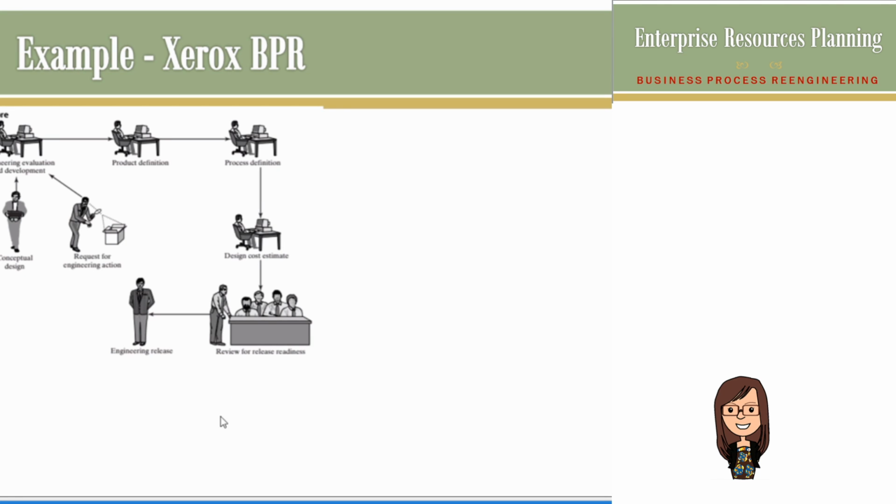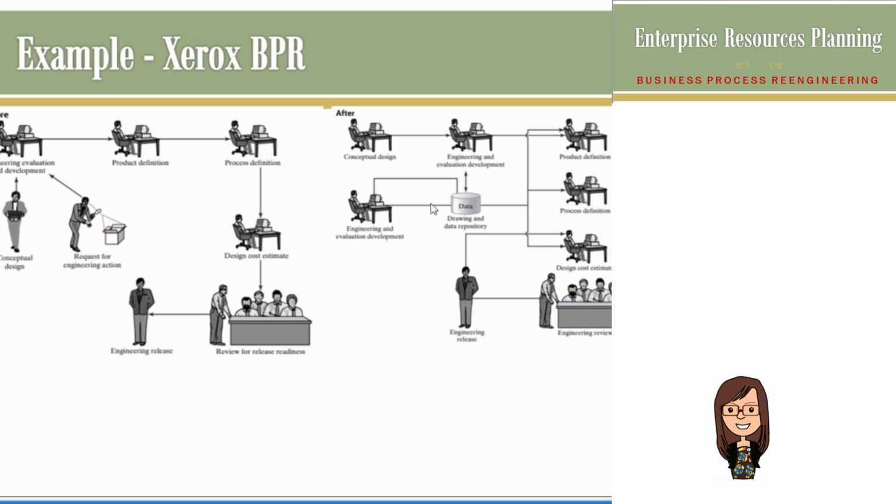But now, after we use the BPR, the whole data will be stored in one system, in one server, so we don't need to move the data to another department.